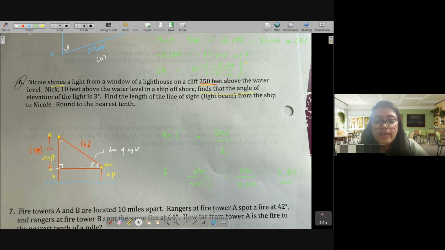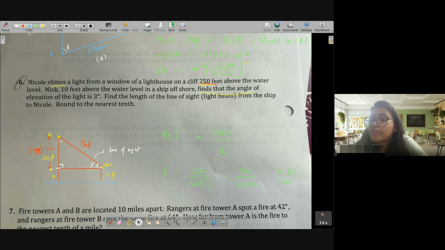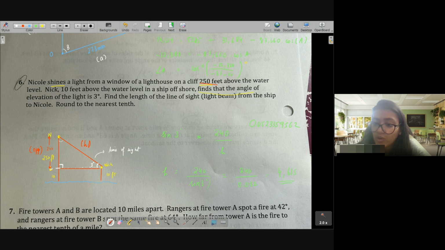What did you get for sine of 3 degrees? Sine of 3 degrees is 0.0523359562. So you did not round it off? We're supposed to round off at the end, so 240 divided by 0.0523359562.